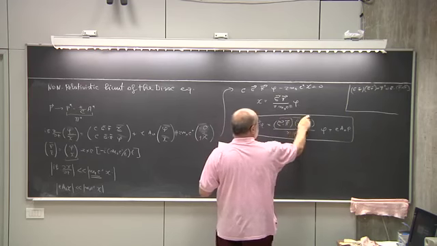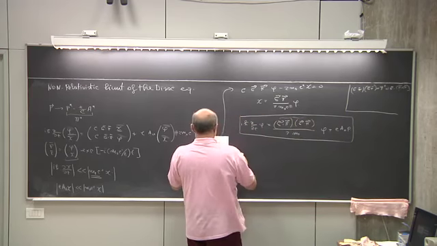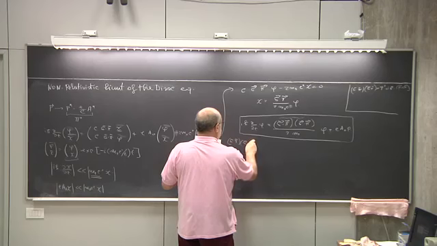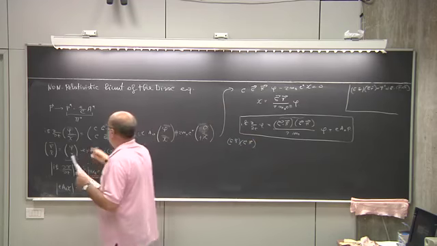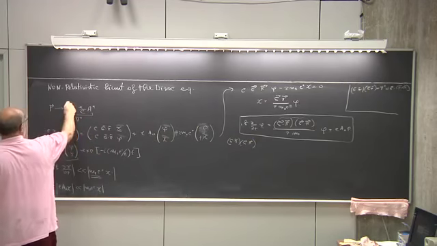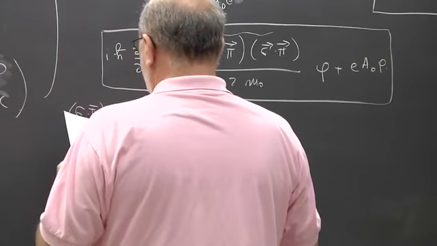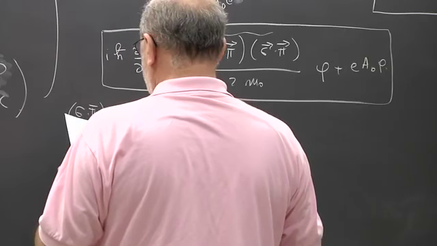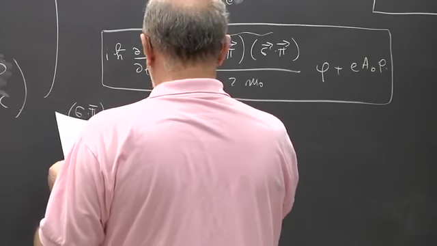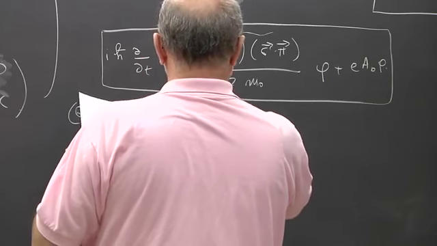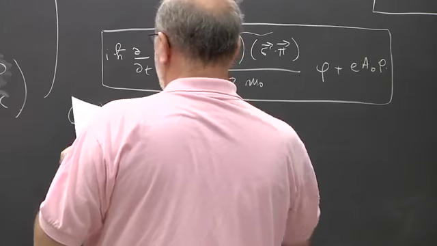So let's use that formula, and what we get is that this object sigma dot pi, remembering that it is an operator because this is a derivative with respect to x mu, is equal to pi square plus i sigma pi wedge pi.